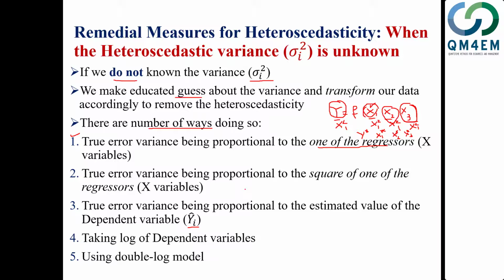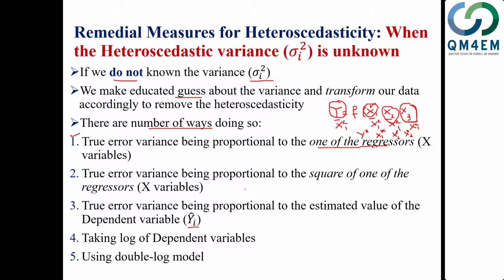So let me give you the entire picture. We said that the remedial measures for heteroscedasticity could be listed under two headings. The first one is the case when we know the heteroscedastic variance.